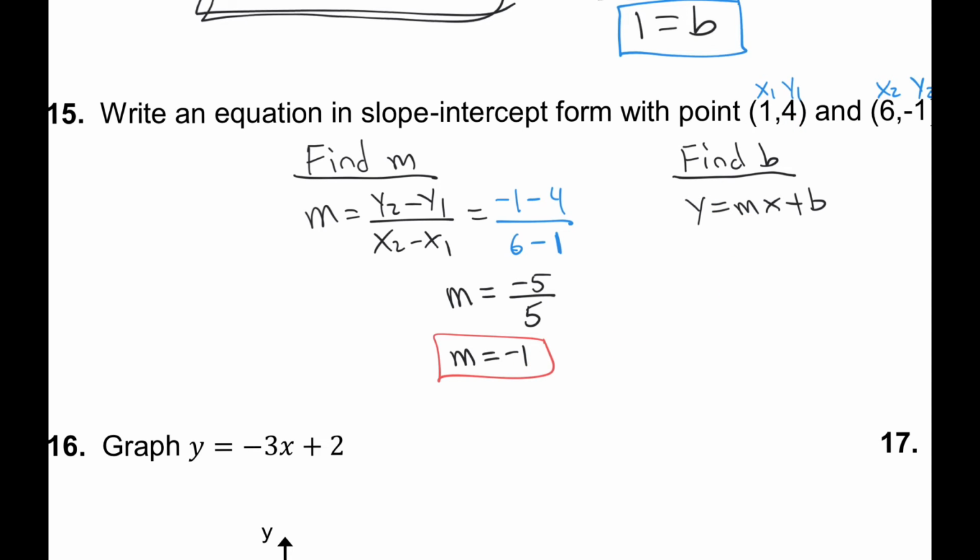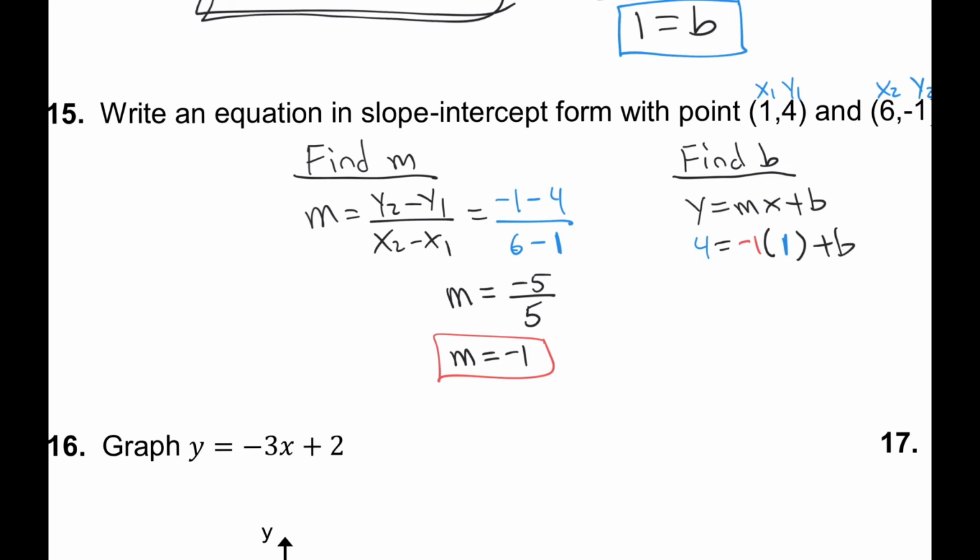So I have a positive 4 equals, the slope is -1 times, actually I don't need parentheses there, so let me erase the parentheses. For the slope, you just put the number -1, and then for the x, we use parentheses, and the x is positive 1. And then you guys have a plus b.